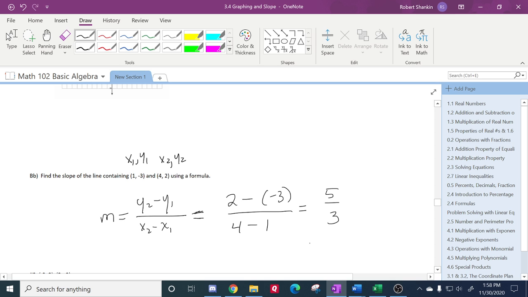We get the same thing, 5 over 3, when we just use the formula.